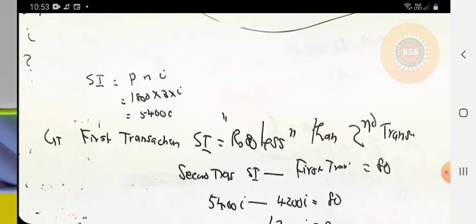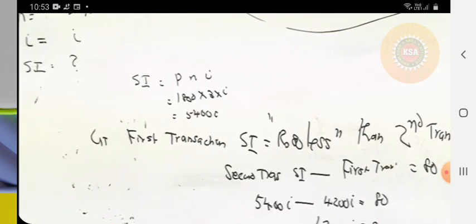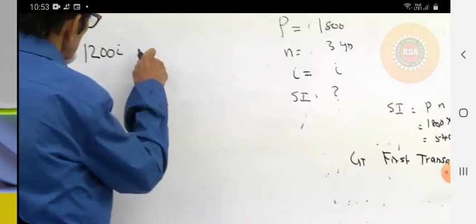Question is, rate of interest is asked: 1200 I is equal to 80.